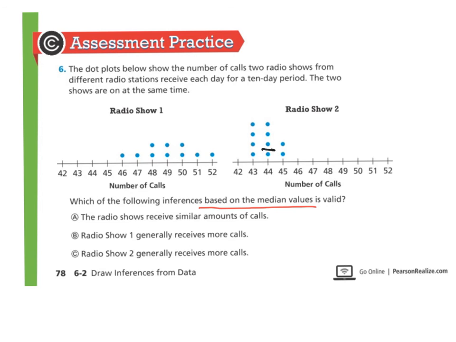Median for radio show 2 will be 44. Median for the other show, there are also 10 numbers, so that median would be 49. So based off the median, we would say radio show 1 generally receives more calls.